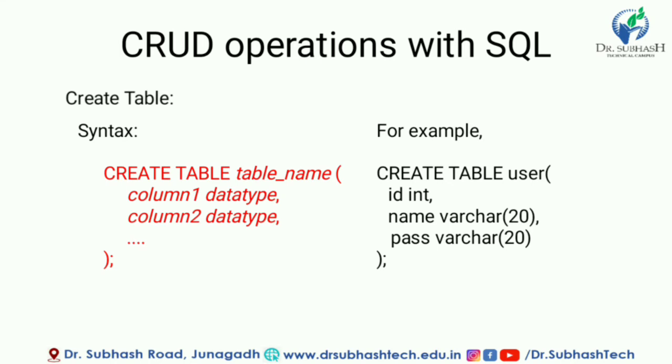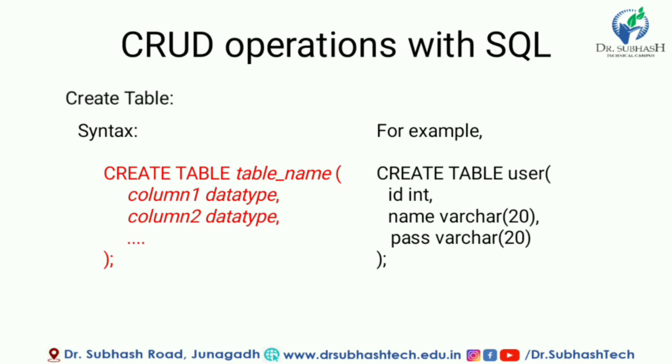You can also see that the size of the varchar is given. So this is the syntax for creating a table. By executing this query, a table will be created whose name will be user, and there will be 3 columns.